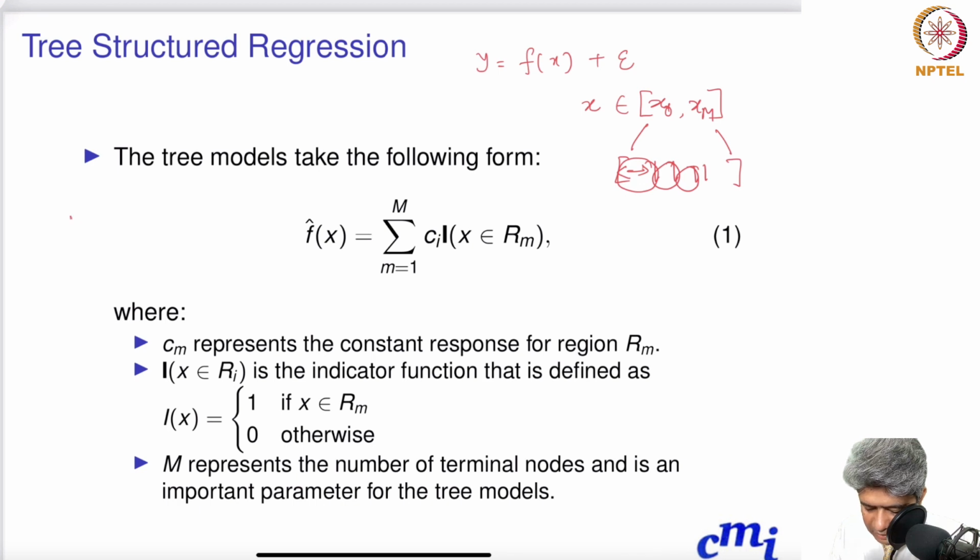So you want f hat of x plus epsilon, and in each part you come up with a constant response.